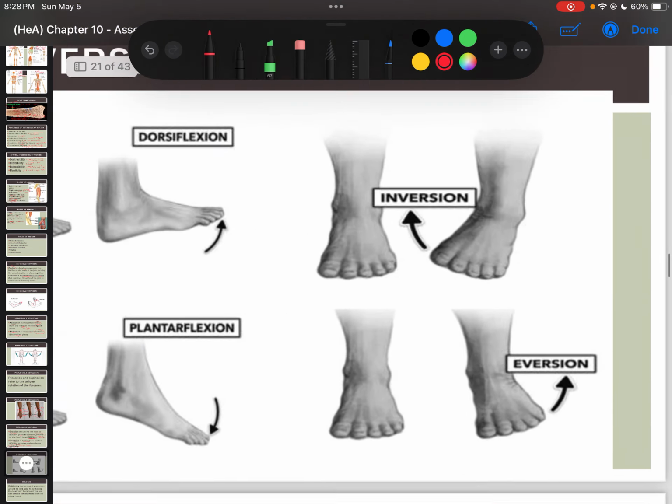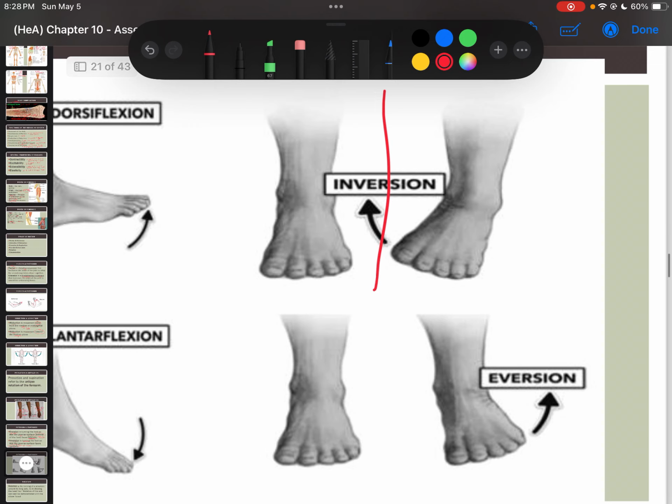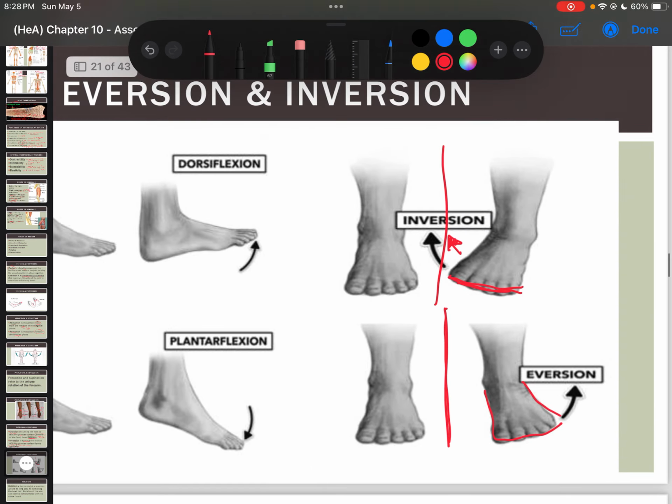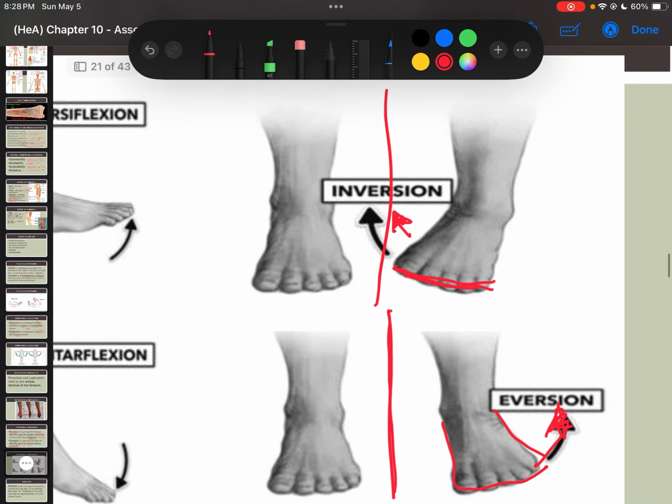Now, this is the center line, and this is the inside. When we say inversion, as you can see, the bottom portion of the feet faces towards the middle. While in eversion, away, right? Away or lateral, it faces outside or going towards the outside of the line. That is inversion and eversion.